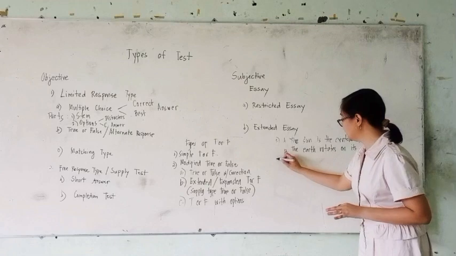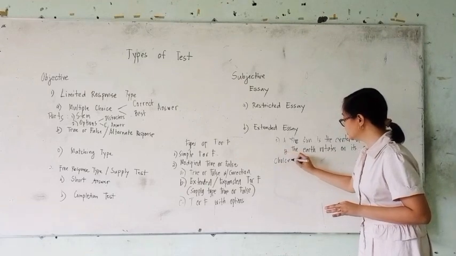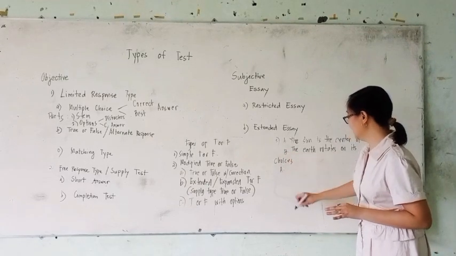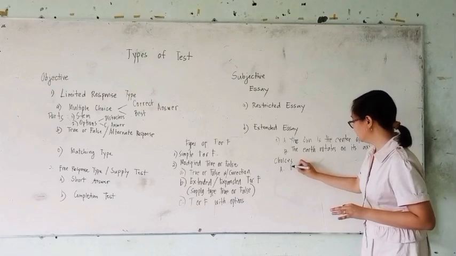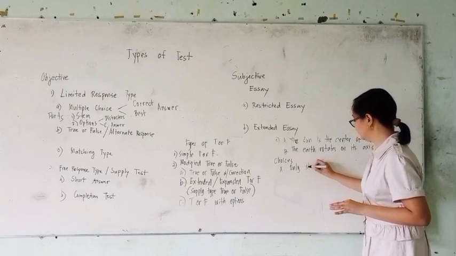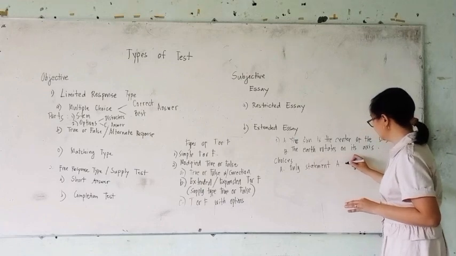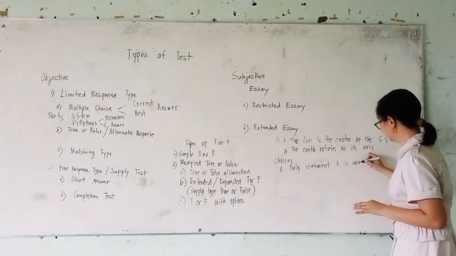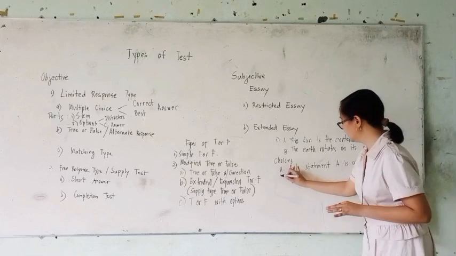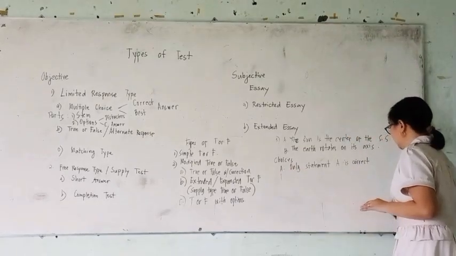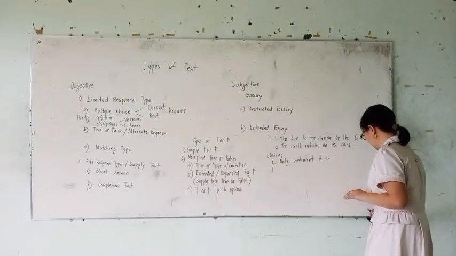Identify whether both statement is true or only one is correct. So these are the choices. Your options or choices is that A, only statement A is true.